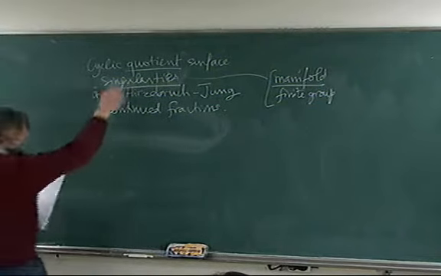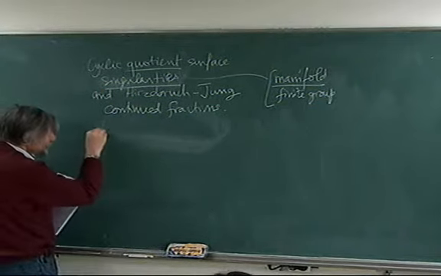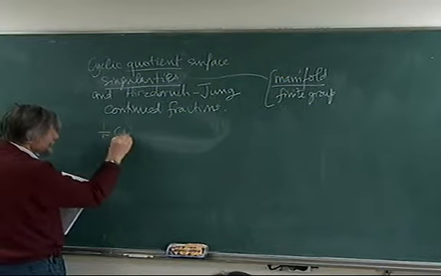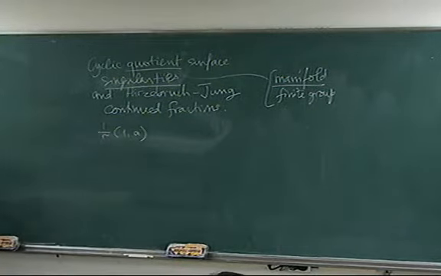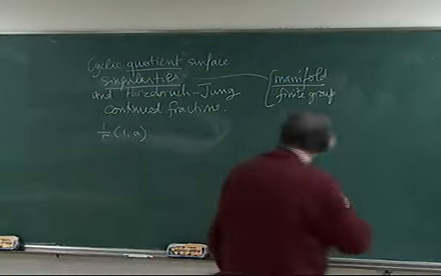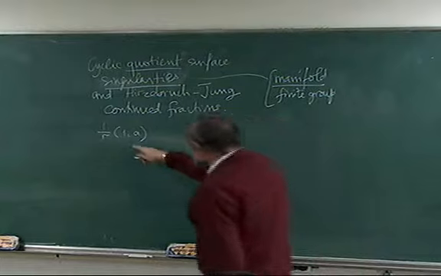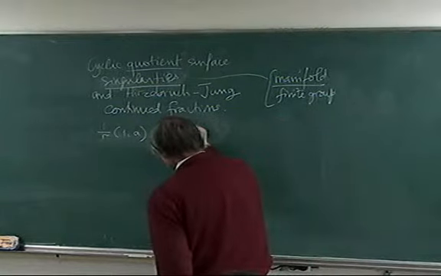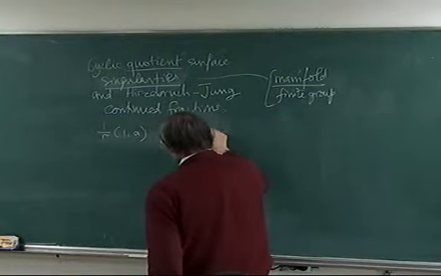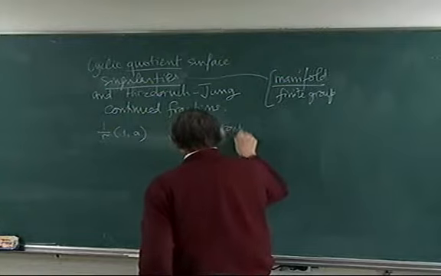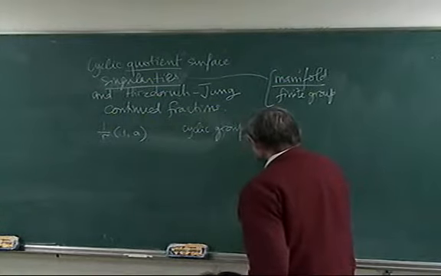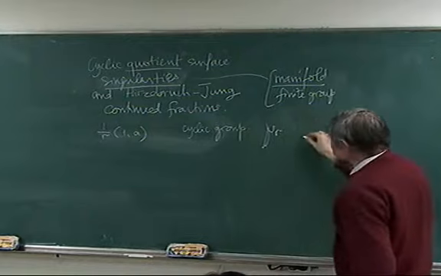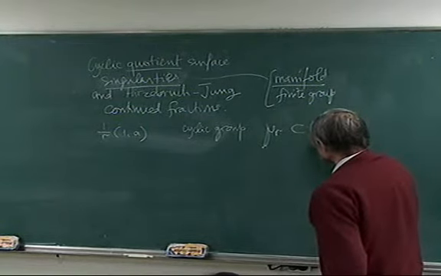So these singularities are going to be called 1 over R of 1A. This is notation which now everybody uses. This means the cyclic group mu R inside C star.